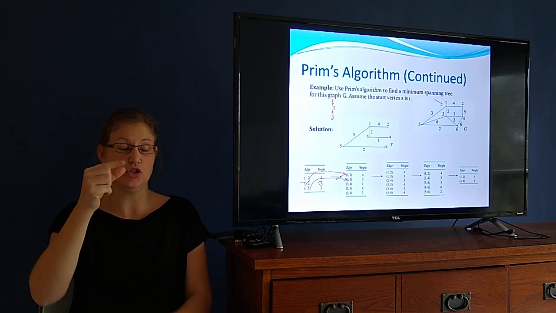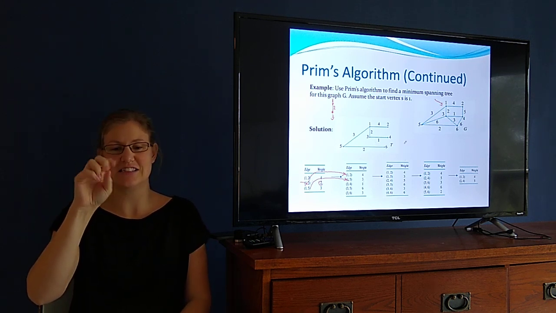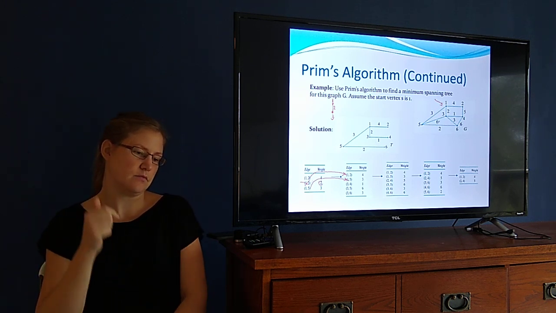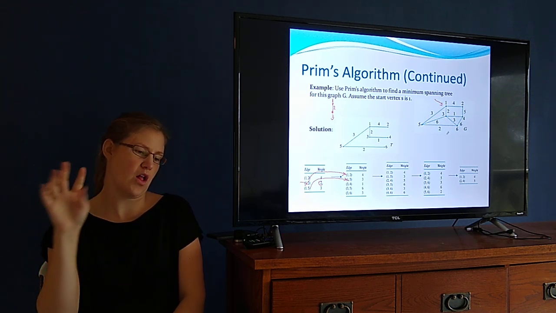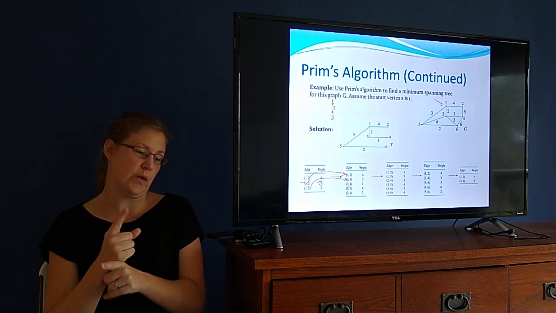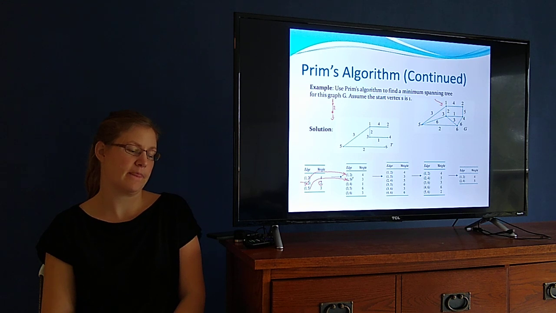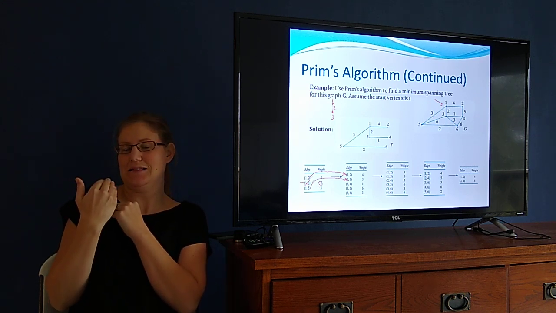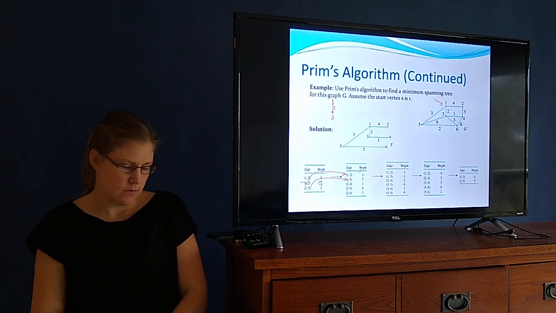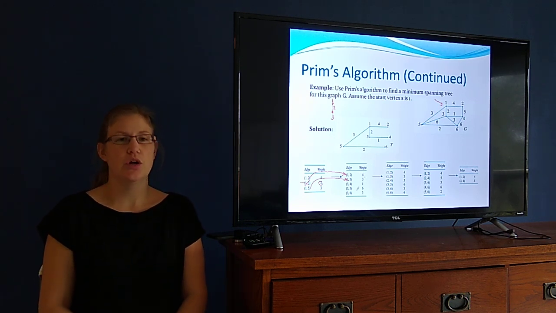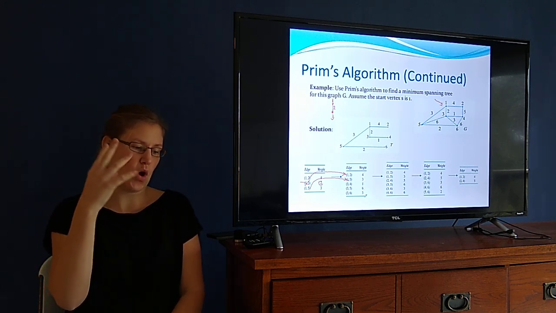What are all the edges that are incident to 3? They are 3 and 4, 3 and 5, and 3 and 6, right? Along with the previous unvisited edges, let's test all the weights that we have here: 4, 3, 1, 6, and 3.